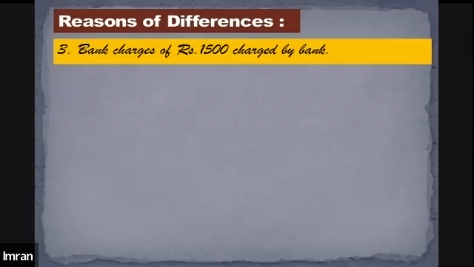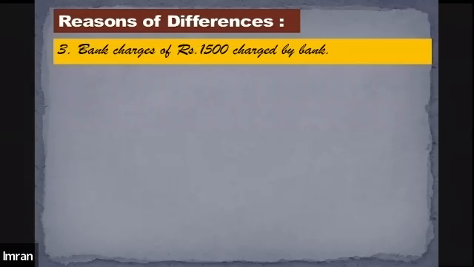Is that correct? But on the other hand, when it comes to the cash book, because the cashier or the accountant of the business has no idea about the deduction made by the bank on account of bank charges, this particular transaction is not deducted by the accountant, and hence it is not reflected in the cash book.